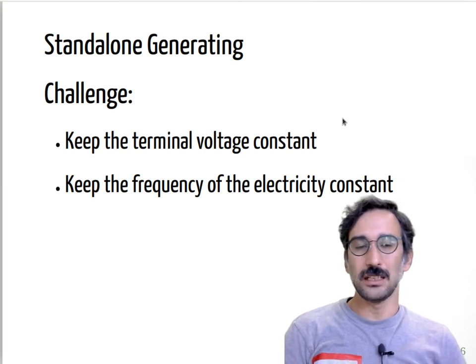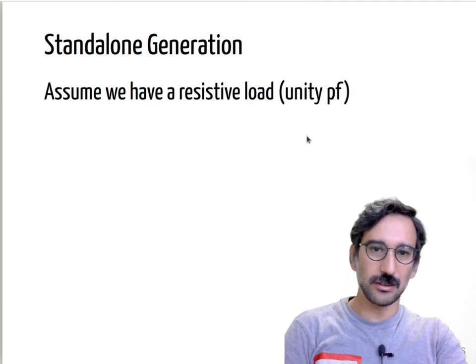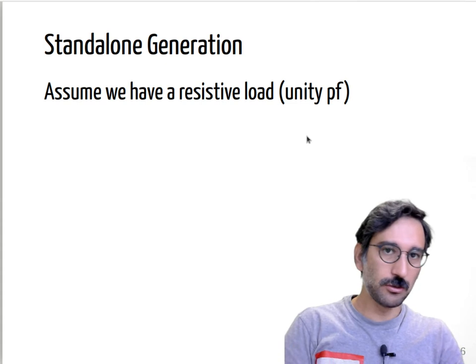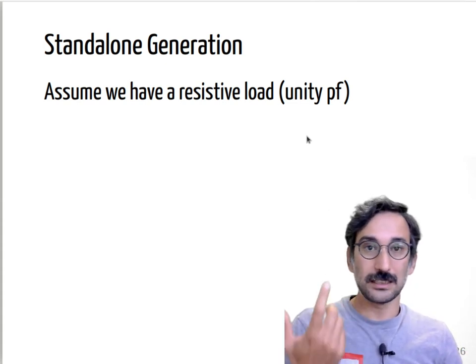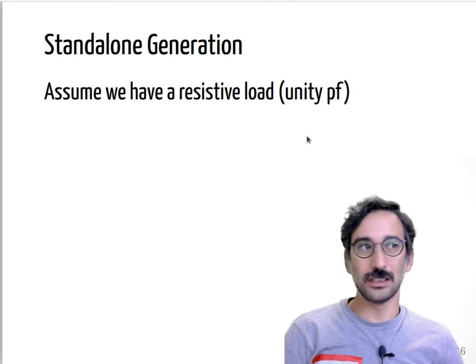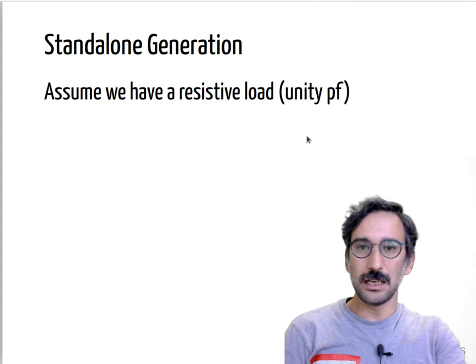They want more or less a constant frequency, right? So we want to keep those things. But in standalone generation, you can have a resistive, lagging or leading load that can change with respect to what the consumers are using.